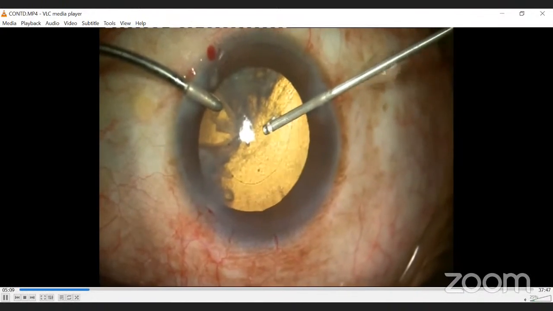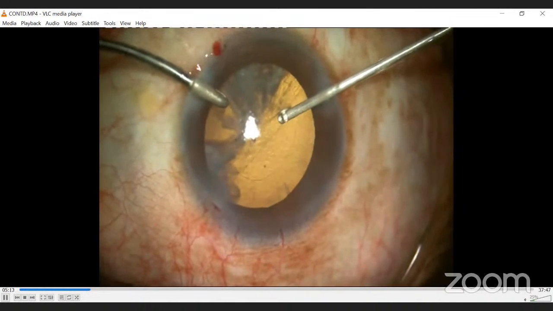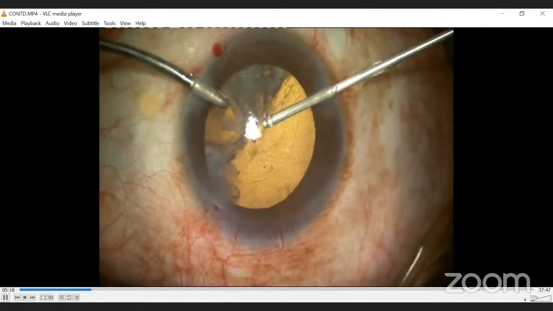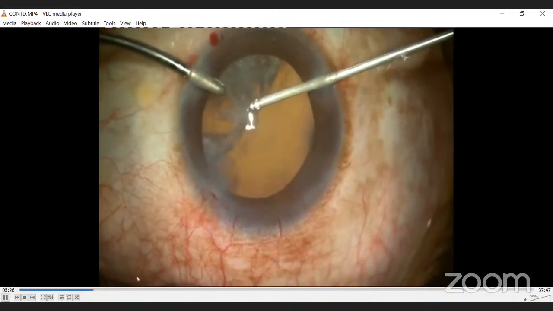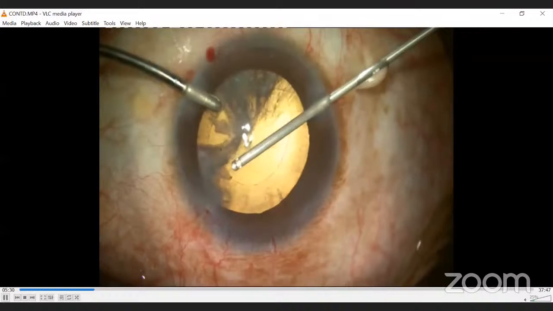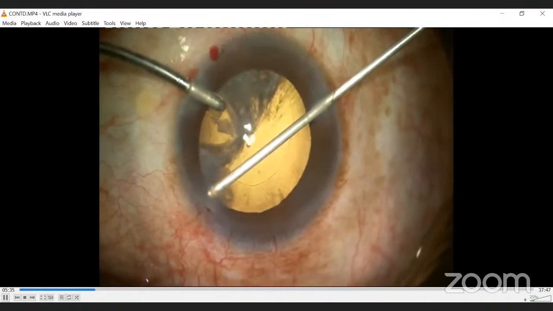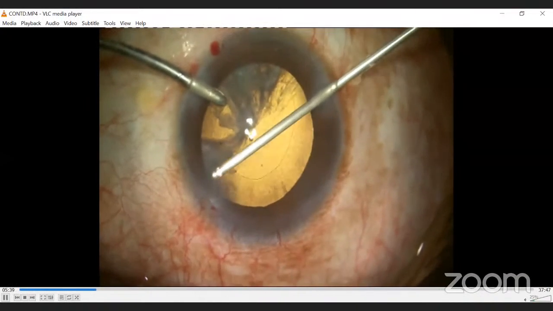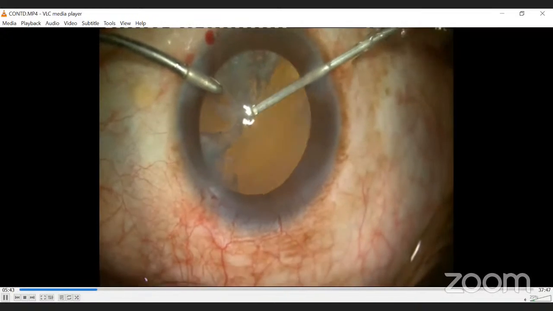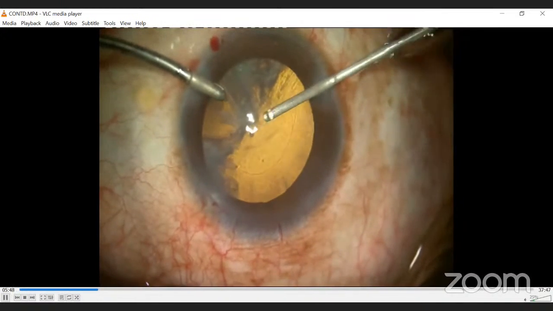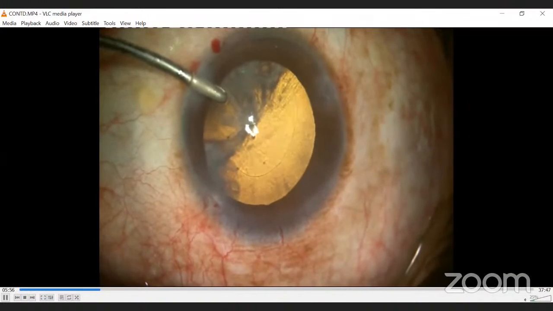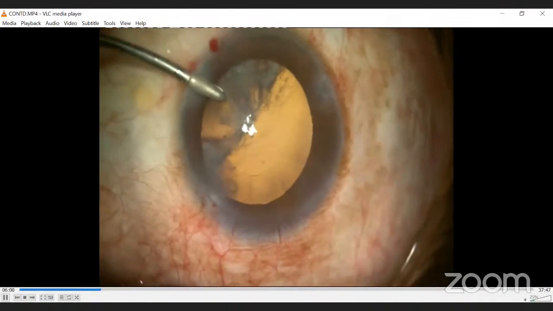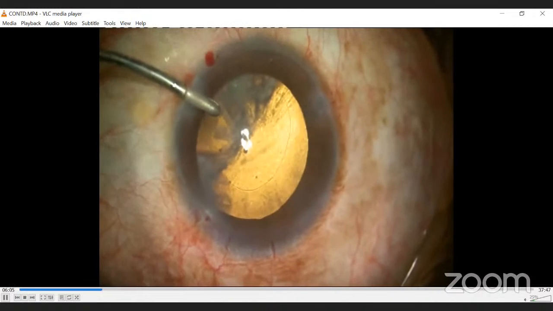But again, we realized that despite the fact that we were doing a vitrectomy, we could still see a vitreous strand coming from a similar site where we had encountered the zonular dehiscence the previous time. So probably because it's an eye with very high myopia, the liquefaction of the vitreous does lead to recurrent prolapsing of the vitreous from even the slightest zonular dehiscence that we have in the periphery.